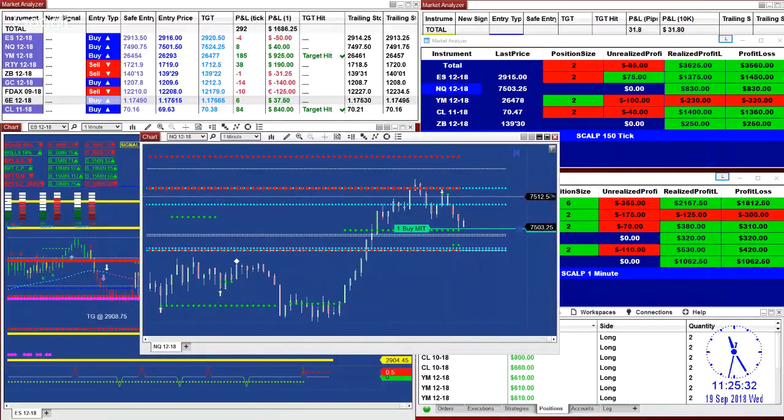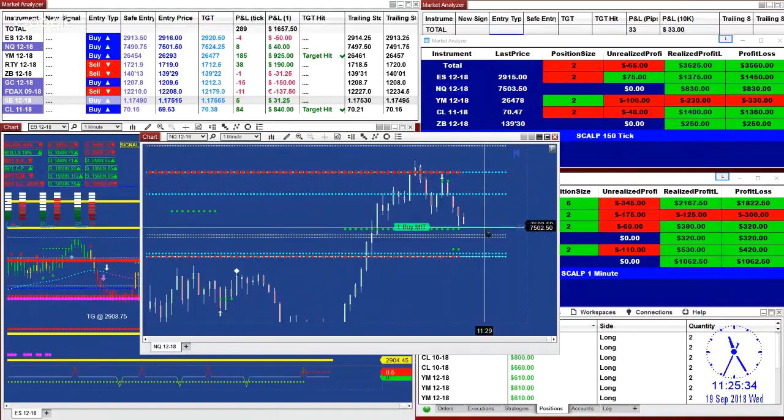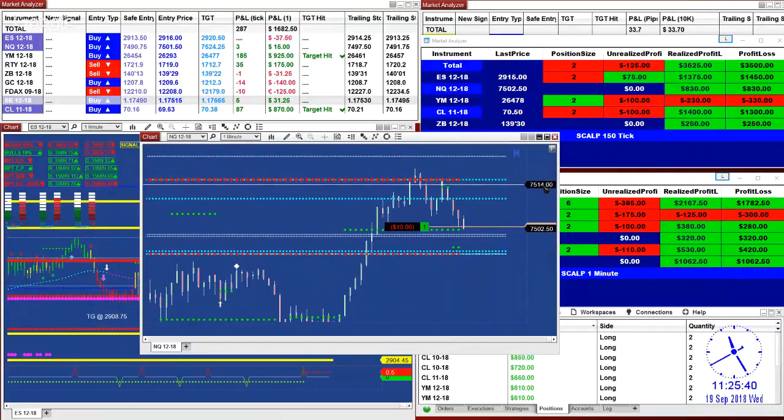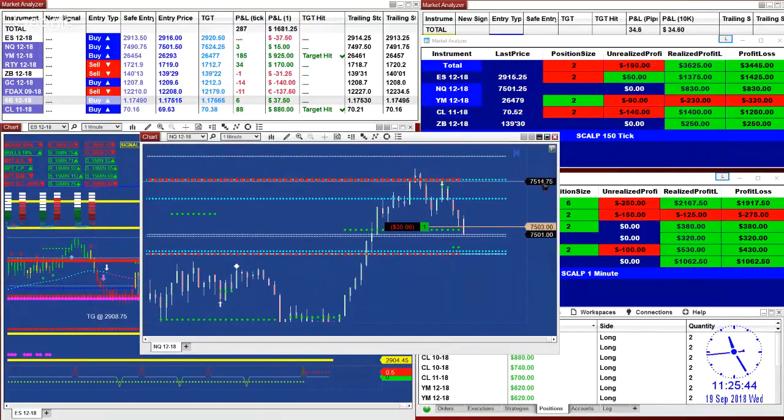If you have not got the entry trade on the Nasdaq, you're very welcome to take that one. It's 502.75. Follow on a sim, please.